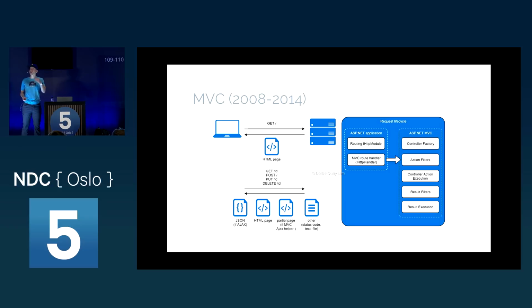Web API comes along with MVC a little bit after, I think it's version 3 of MVC. And then we have this experience where we can build APIs and applications that have an actual UI in the same way. That's an amazing experience for a developer, right? The idea of, oh, I build code once and it runs in a bunch of different states, right?